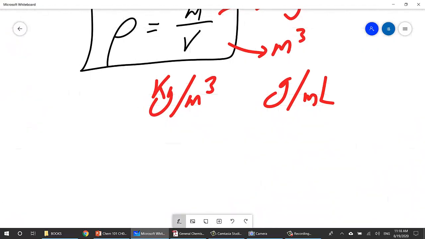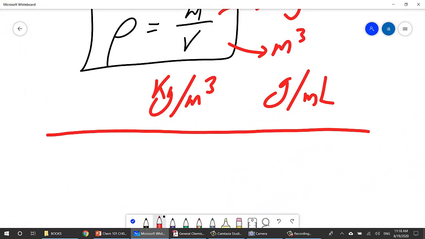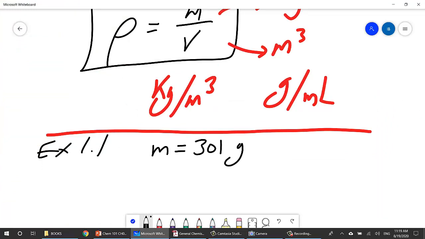We move on and say, example 1.1. So we are given the mass. It's always good to write what is given: 301 grams. We have the volume, which is 15.6 centimeter cube, cubic centimeter.